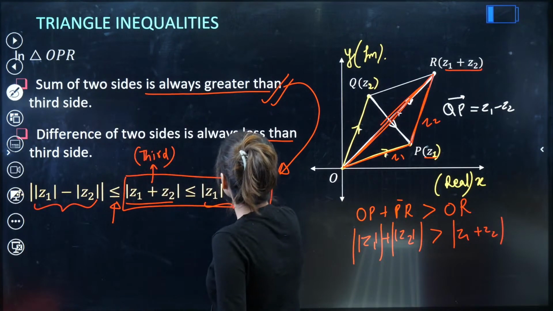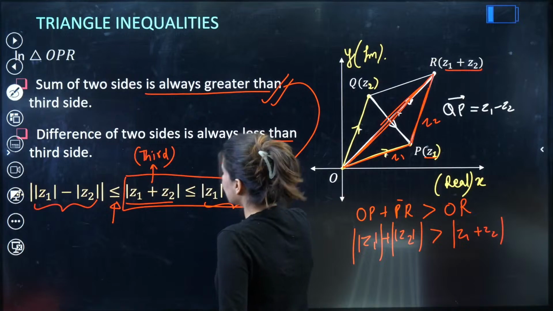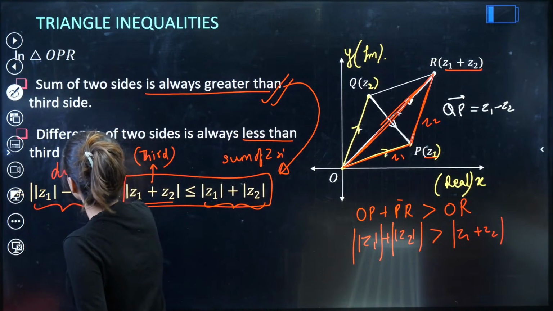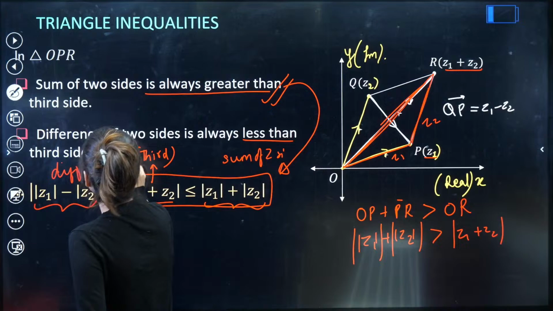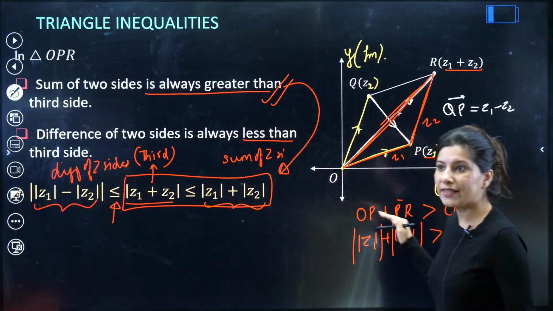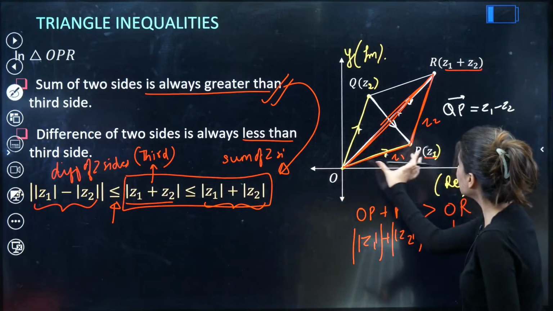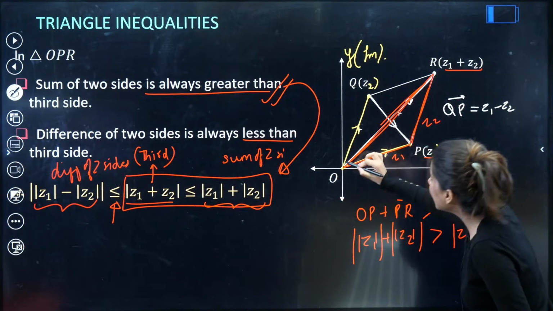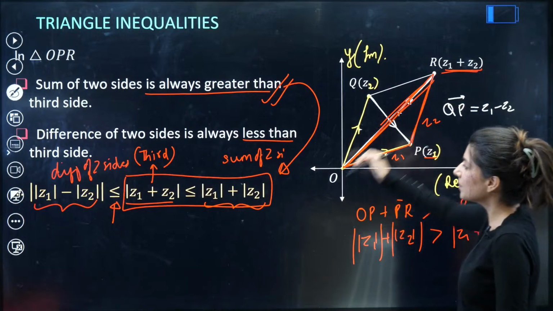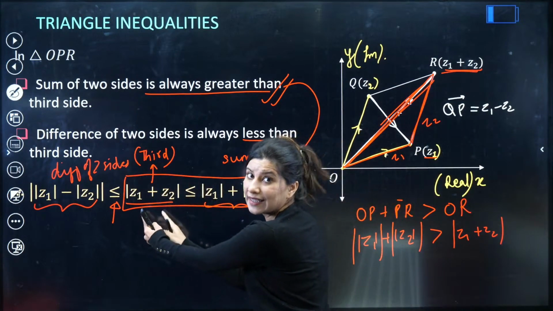So this is sum of two sides and this is difference of two sides. Is that clear? Is this triangle inequality clear? Okay, so this is sum of two sides, Z1 plus Z2. Can you see mod Z1 plus mod Z2 will be greater than the third side, which is mod of Z1 plus Z2. Sum of two sides greater than the third side.